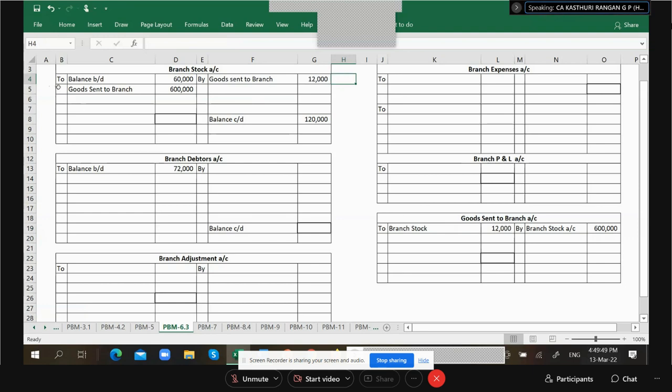Okay. So for goods sent to branch, debit branch stock, credit GSB. For goods returned by branch, debit GSB, credit branch stock. Okay, simple.